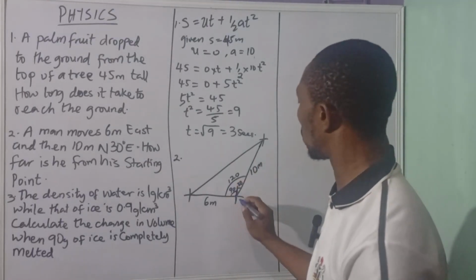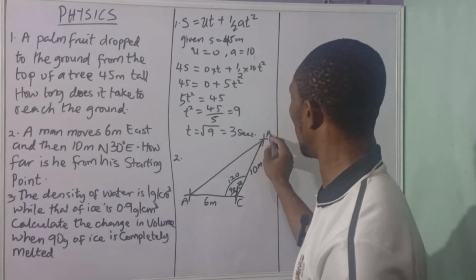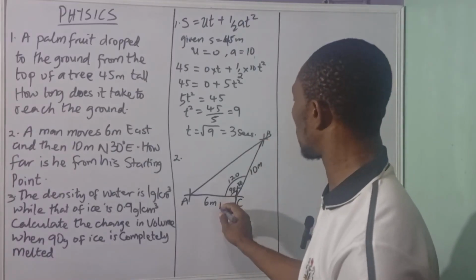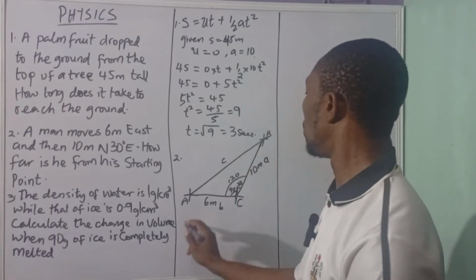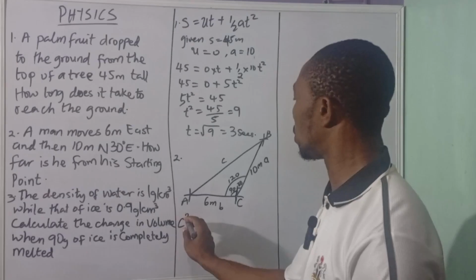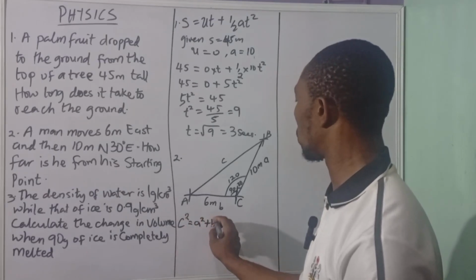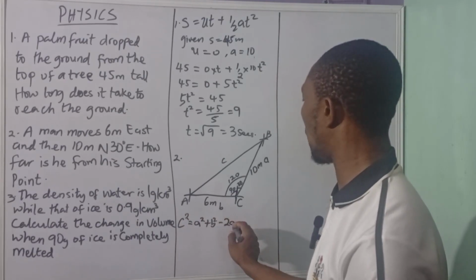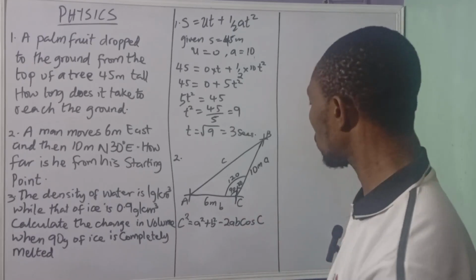Now let's call these angles C, A, and B, so the sides become small b, small a, and small c. Bearing in mind that our cosine rule is c squared equals a squared plus b squared minus 2ab cos C.